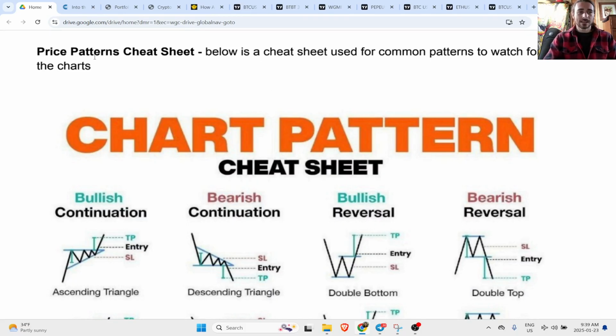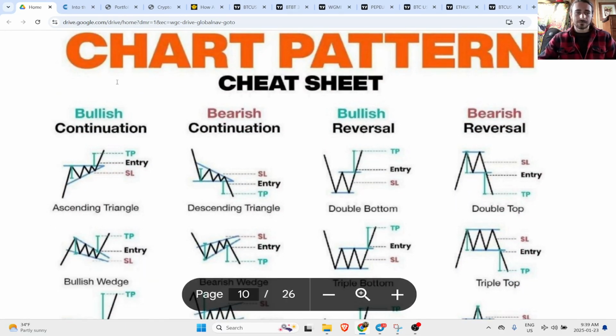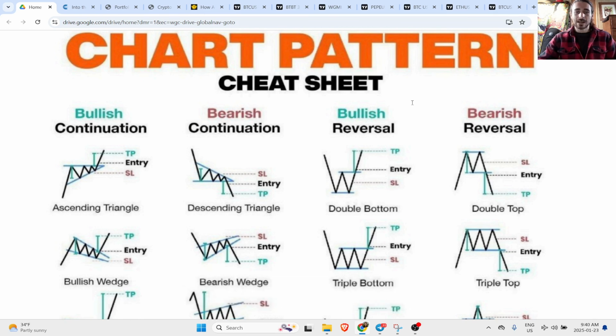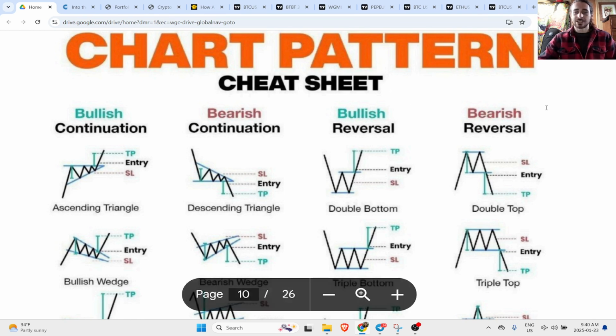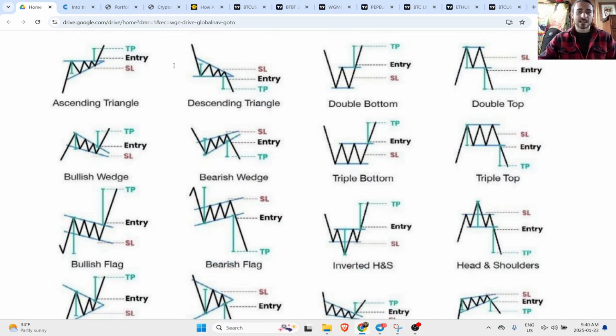So you can see the price patterns cheat sheet. This is definitely a good thing to learn, the different patterns that you see and where they line up in the charts. We've got bullish continuation patterns here, bullish reversal patterns here, and then we've got bearish continuation and bearish reversal. So you see all the different kinds of patterns that we do have. I'm not going to go into all of them right now.